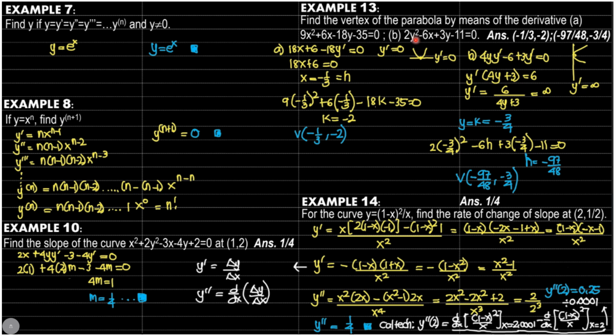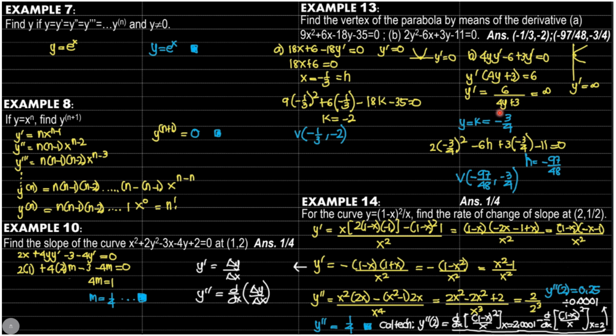So we differentiate the equation: 4y y prime minus 6 plus 3y prime equals 0. Factor out y prime: y prime times (4y plus 3) equals 6. So y prime equals 6 over 4y plus 3. Now, a fraction is undefined when the denominator is 0, so we set the denominator to 0.